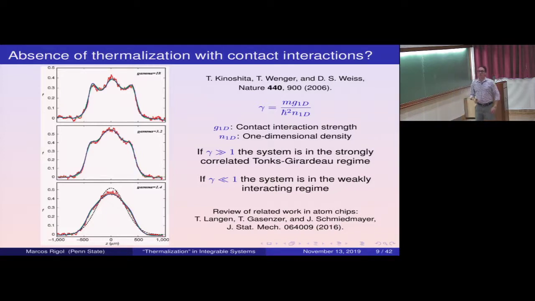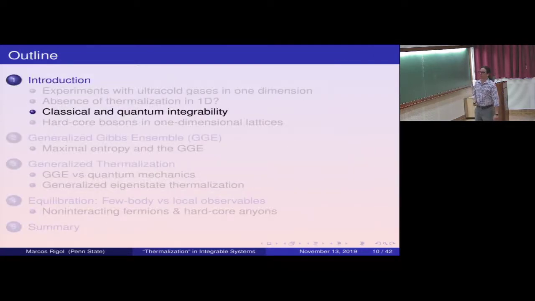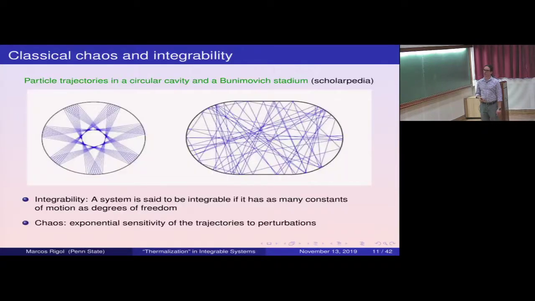Okay, so now, to move forward, I have to tell you what is special about integrability. For that it's good to go back to classical mechanics, and I think you saw these billiards already yesterday.